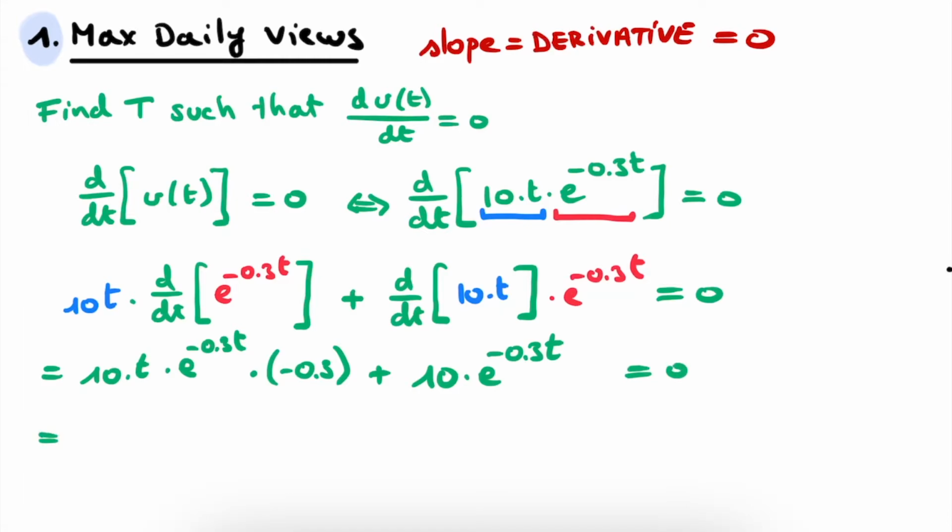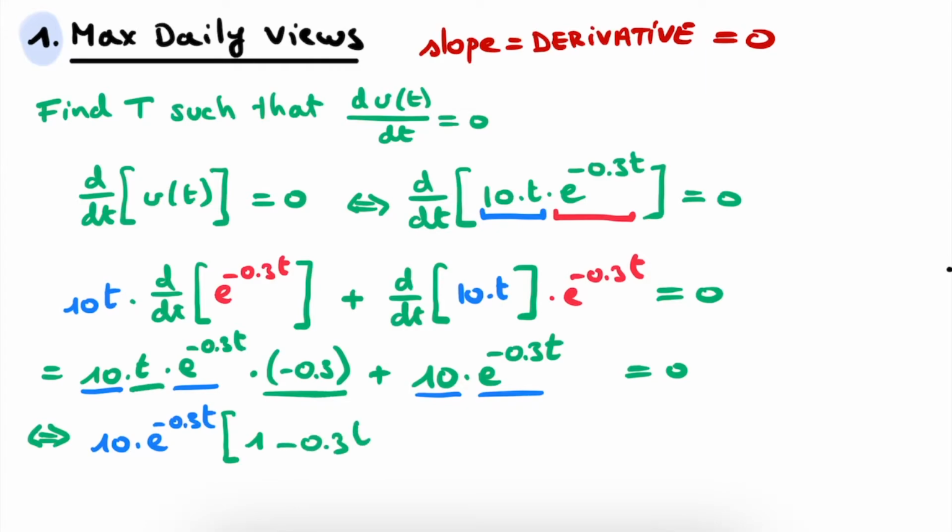So let's rewrite this by taking out some common factors in both of these terms. We see that we have 10 as a common factor, and this exponent is also a common factor. So we can write this outside the bracket: 10 times e to the power of minus 0.3 t multiplied by what is left. In this term, we simply have 1 left, and in this term we have minus 0.3 multiplied by t.